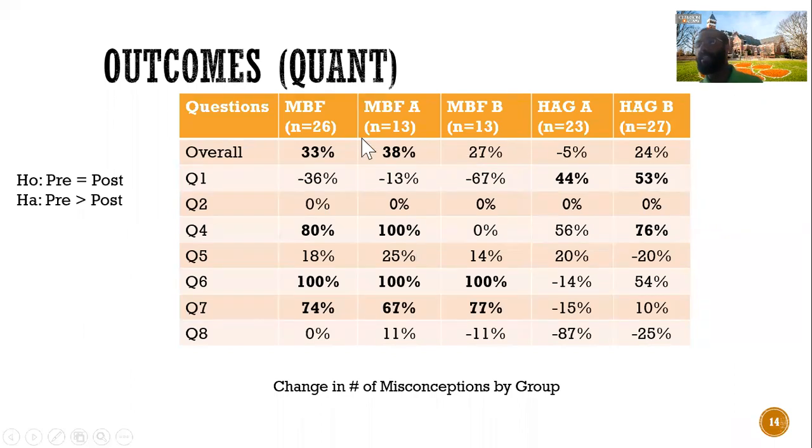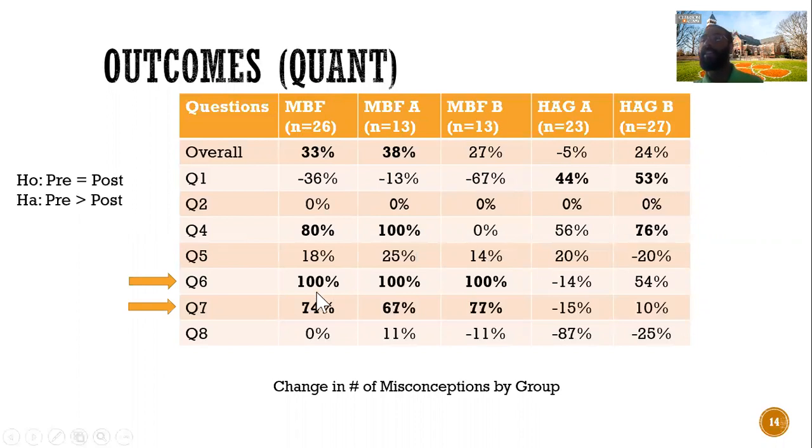As you can see, the bolded numbers are statistically significant. The MBF group overall did have a statistically significant reduction of misconceptions, but particularly questions 6 and 7 showed a lot of interest. These questions related to pass by reference versus pass by value and using pointers.